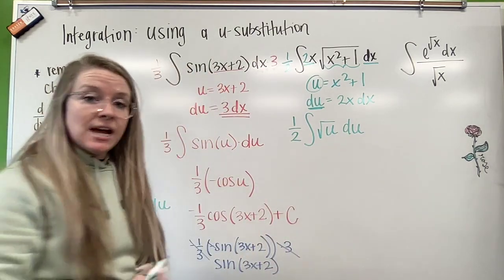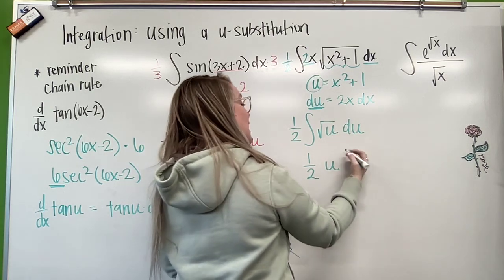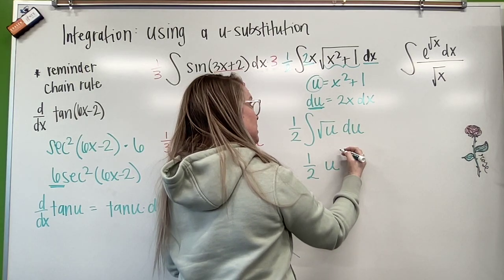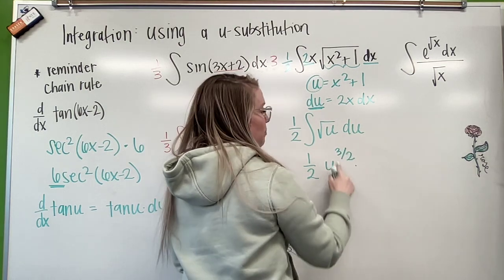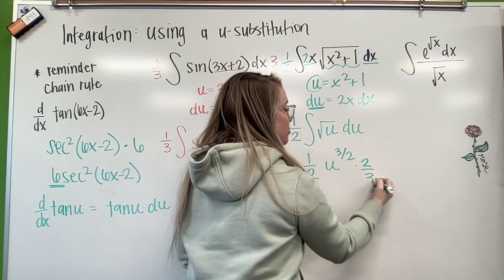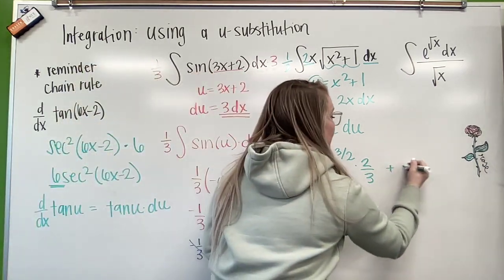And now I'm just going to anti-derive. So 1/2, I'm going to add 1 to the exponent, which is 3/2, and then I'm going to multiply by the reciprocal, which is 2/3, or dividing by 3/2, same thing. And then I have my plus c.